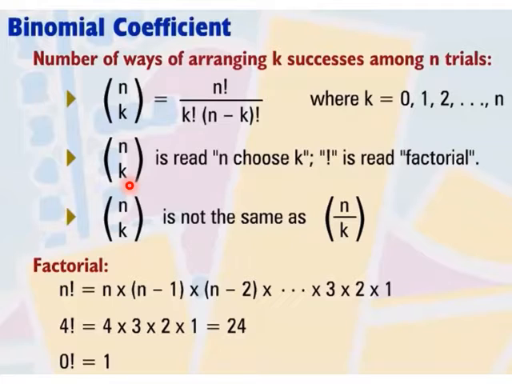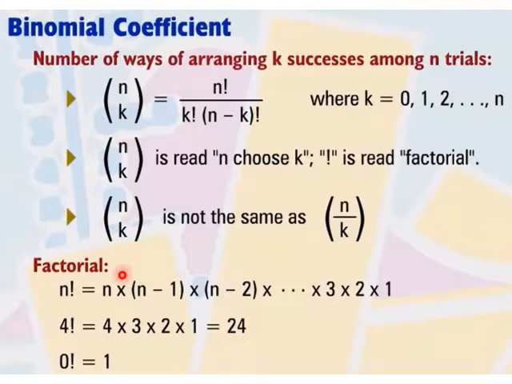I already told you that we read it as n choose k. The exclamation sign is factorial. And n choose k is not the same as n divided by k, and we already know this.